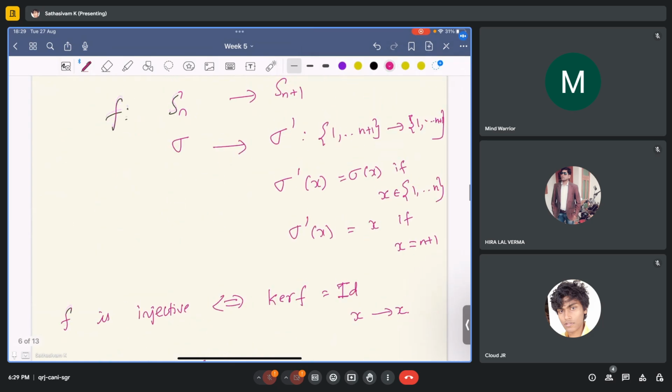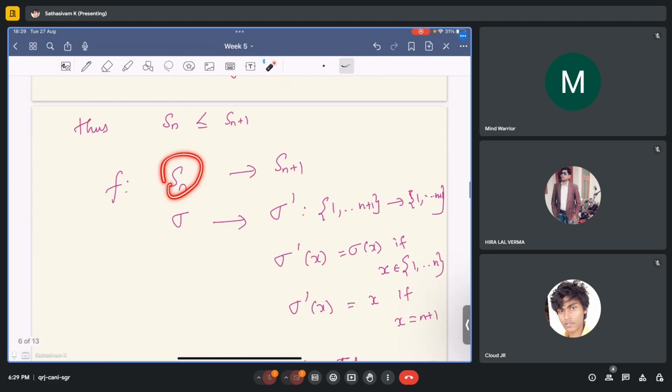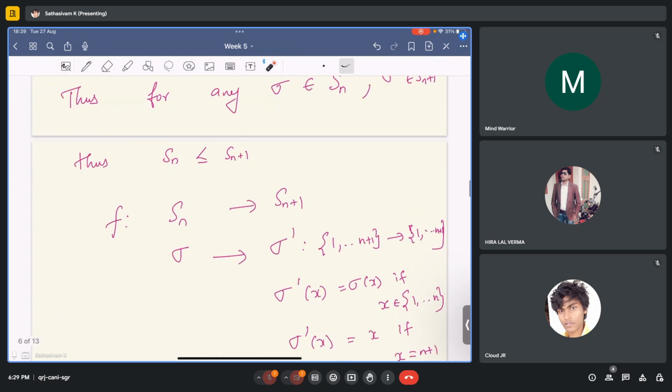So now we proved that this map is injective, and hence you can see Sn as a subgroup of Sn plus 1. When you see this Sn as a subgroup, the sets are different. Here is a bijection from 1 to n, and this is a bijection from 1 to n plus 1. But via this homomorphism, we are seeing it as a subgroup.